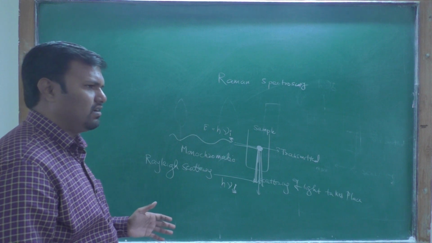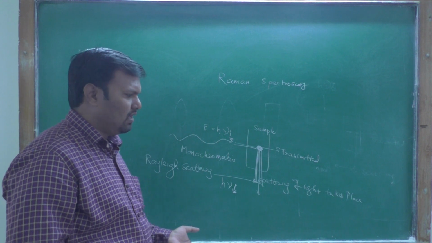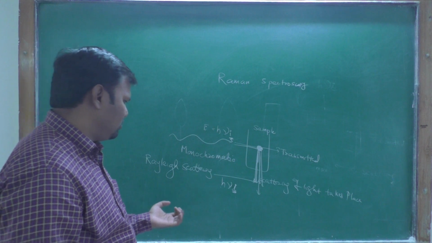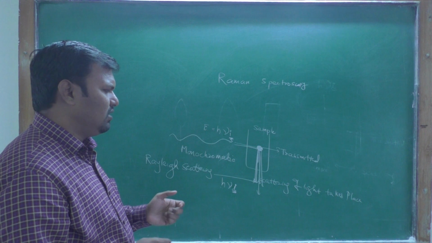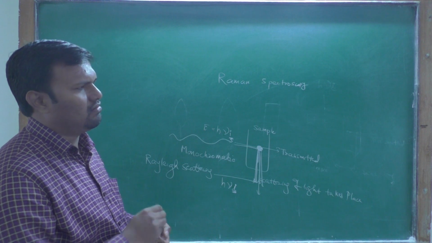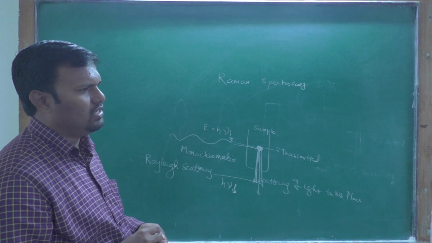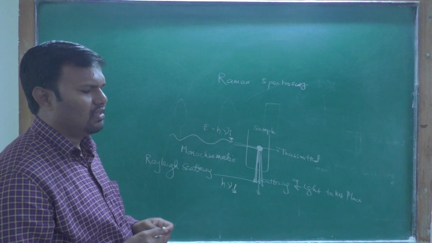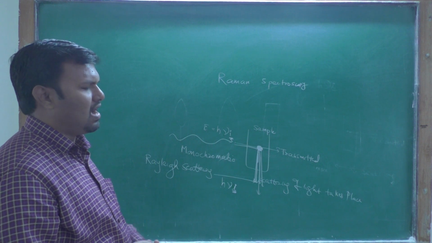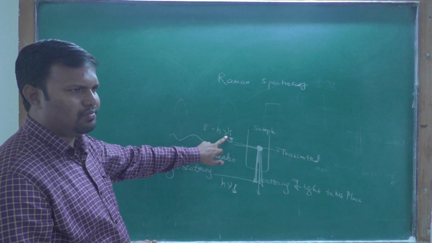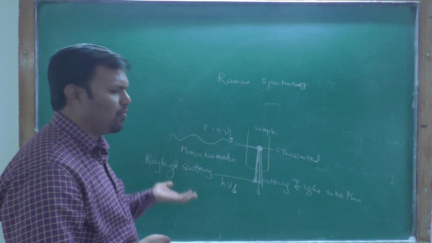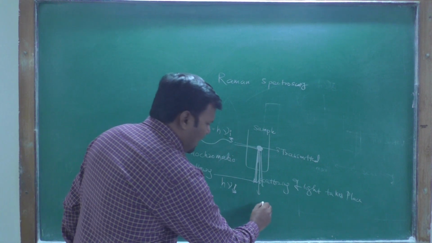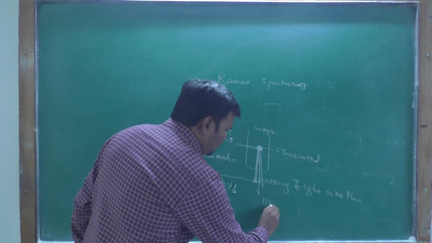It was found by Raman that in addition to this frequency, other types of frequency are also present. It may be higher than the incident frequency or lower than the incident frequency. Two possibilities are there, and we have h mu s.